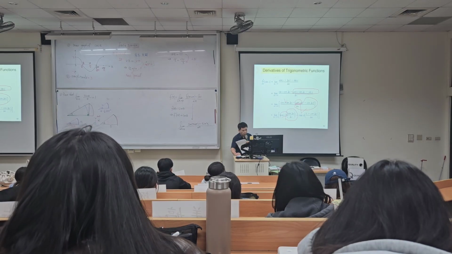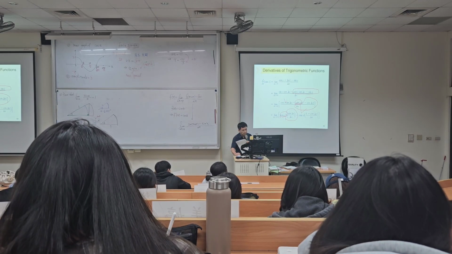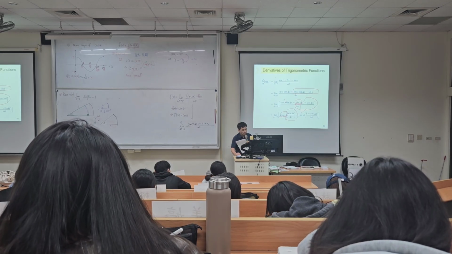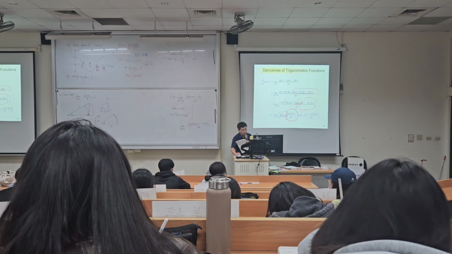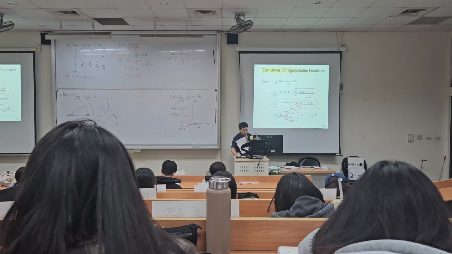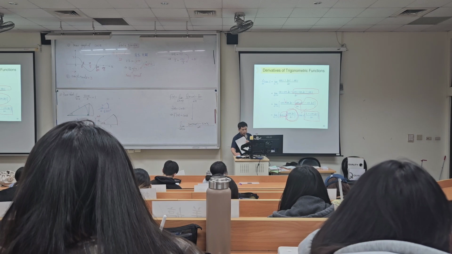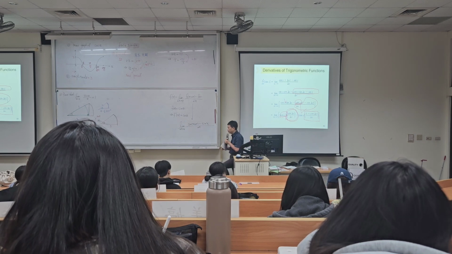Basically, we know cosine x and sine x. However, we do not know the limit of this when delta x goes to 0. Similarly, we also need to know the limit of this thing when delta x approaches 0.